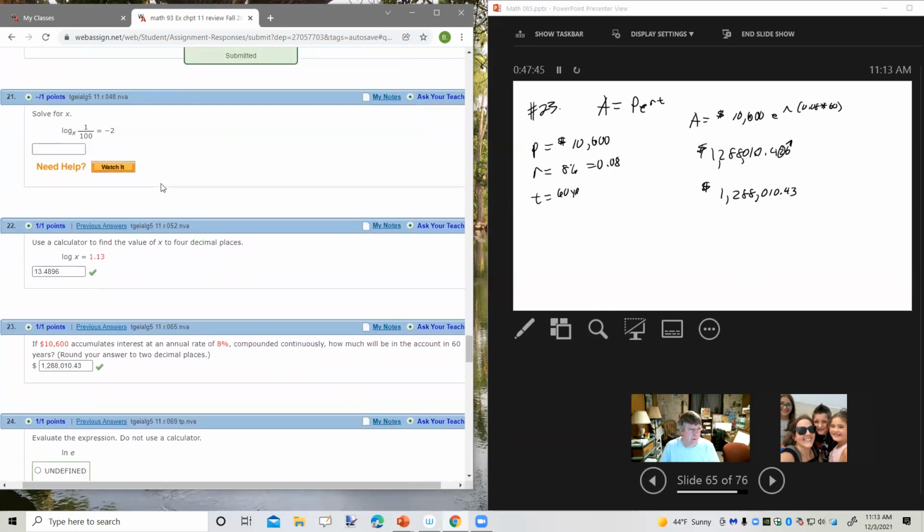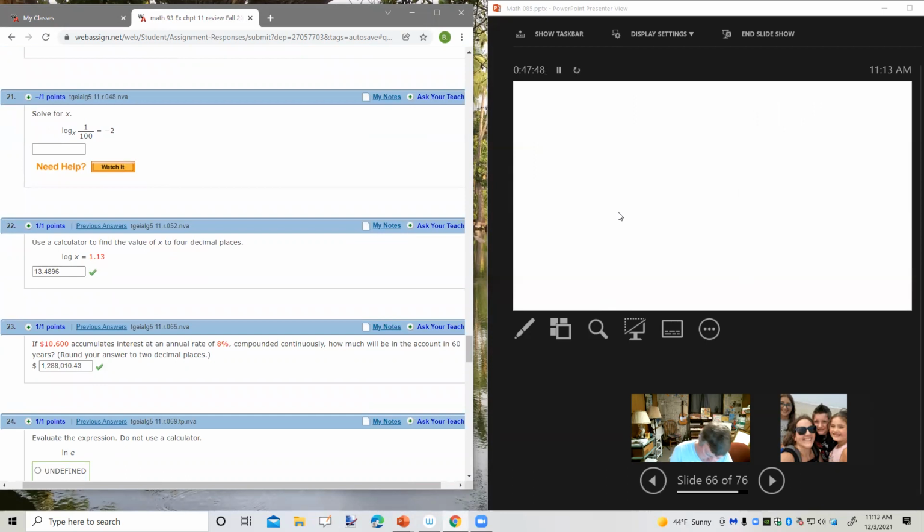Okay, 22. Let's take a look at 21. Solve for x. Log base x of 1/100 equals -2. Changing this to exponential form, we get x to the -2 power equals 1/100. 1/x squared equals 1/100. Or you know what?